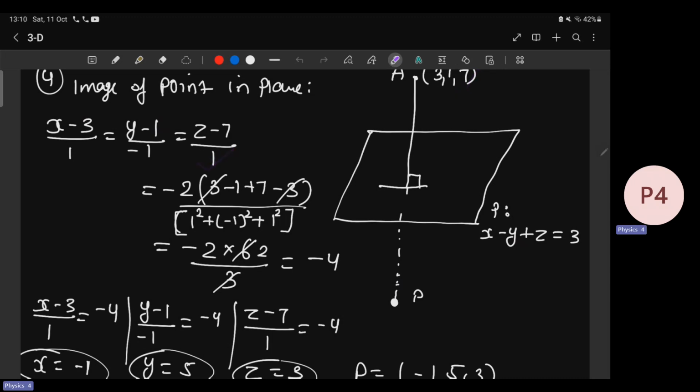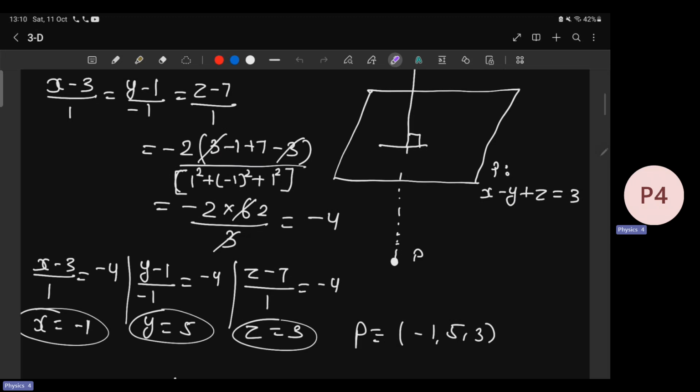This is equal to minus 2 times (ax1 minus by1 plus 7 into 1 minus 3) divided by a square plus b square plus c square. This we all know, so we will solve it. This comes equal to minus 4. So we can solve (x minus 3) upon 1 equals minus 4. We got x equals minus 1.